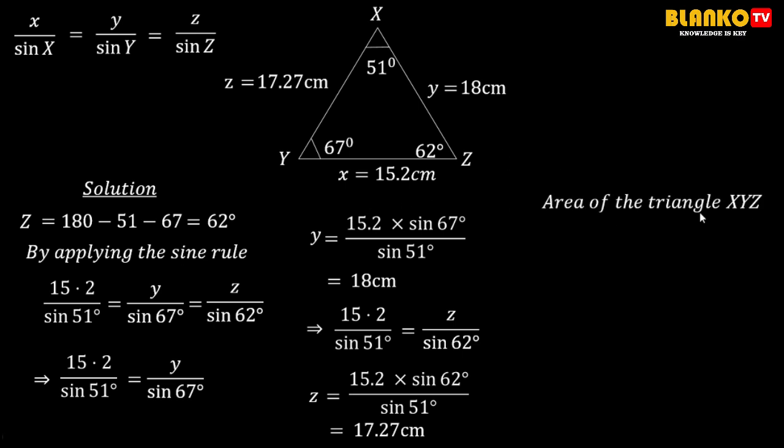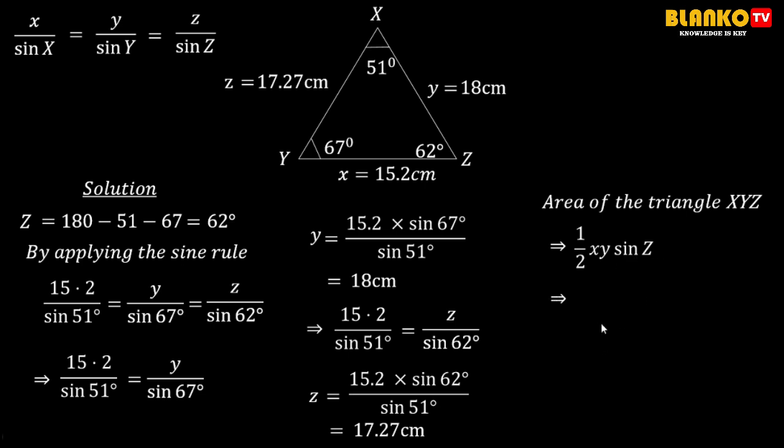To solve for the area of triangle XYZ, we use the formula one half times x times y times sine z, where small x and small y are the sides.